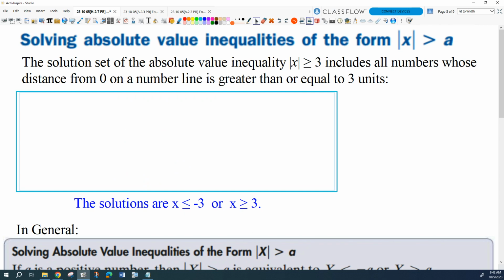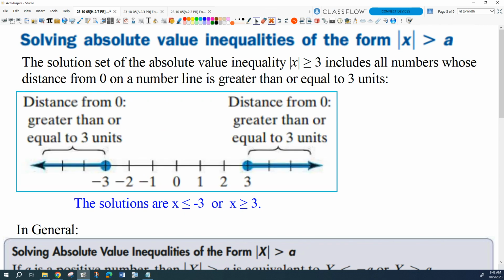That's going to be all values of x that are 3 or more units from 0 on the number line. Okay, doesn't that look like this? Right? I could have units that are 3 or more away from 0 going in the negative direction or the positive direction, right? Either way.